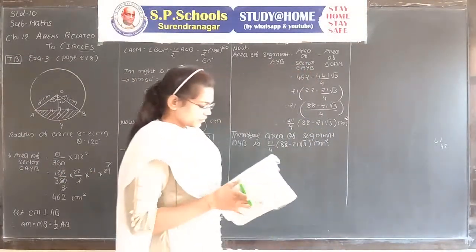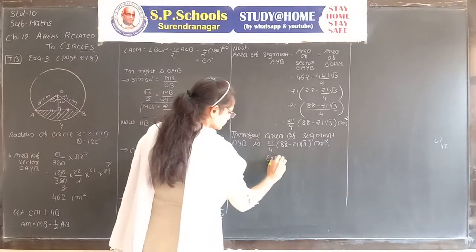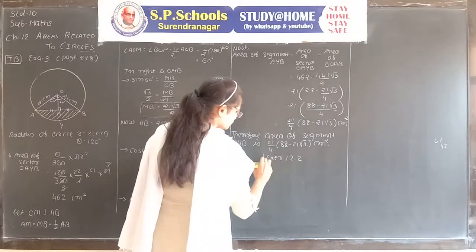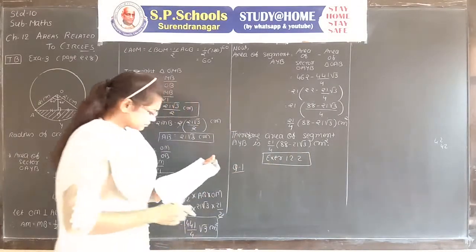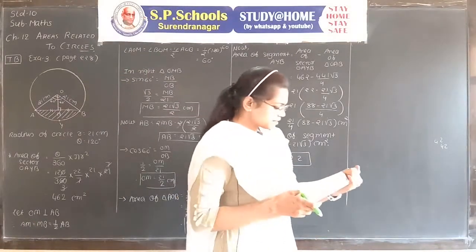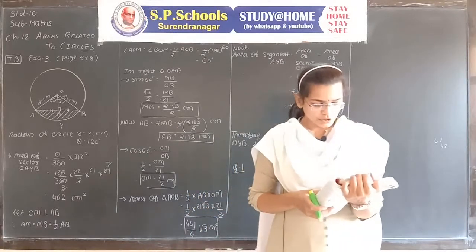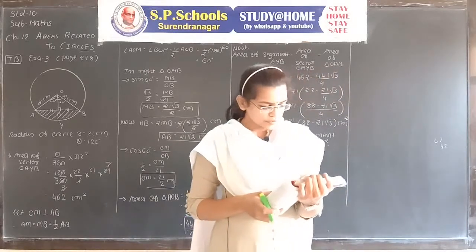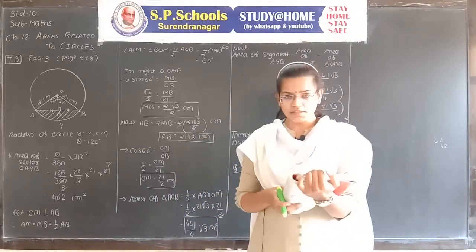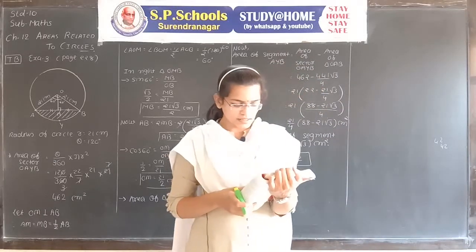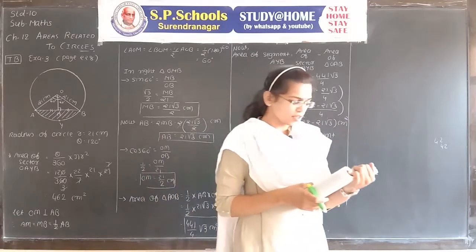Let's see the exercise 12.2. The question number 1. Unless stated otherwise, use pi is equal to 22 upon 7. First number, find the area of sector of a circle with radius 6 cm if angle of the sector is 60 degree.